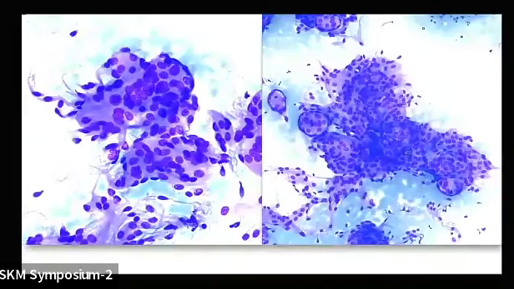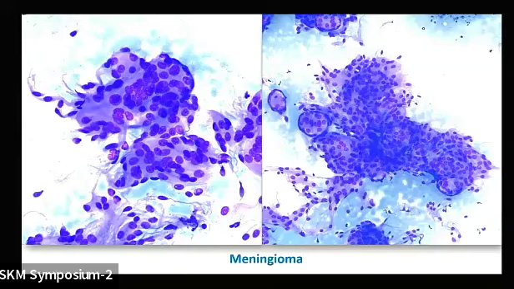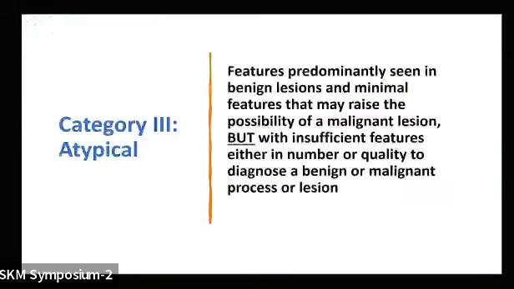Here, there is a little more rounding up of the cells. A whorling pattern can also be noticed and is very prominent in the low power image on the right-hand side. But again, the monotony of the cells indicates that this is a benign entity. So this is an example of a meningioma, representing some benign lesions we can come across in pulmonary pathology.